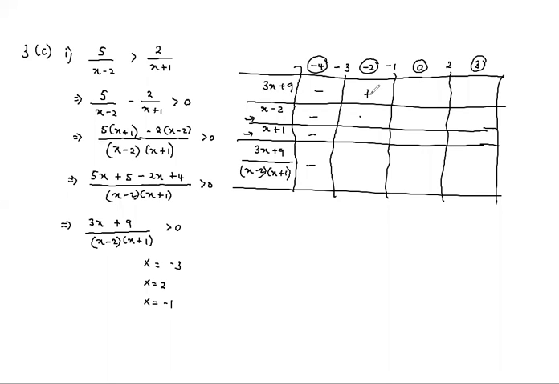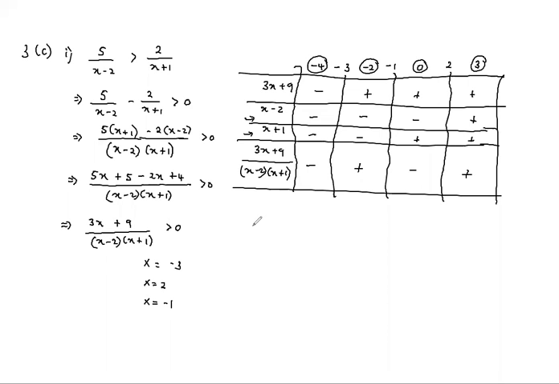Negative 2 minus 2, negative. Negative 2 plus 1, negative. Product, positive. So minus, plus, minus, plus, plus, plus, plus. What do you want? Where it is greater than 0.